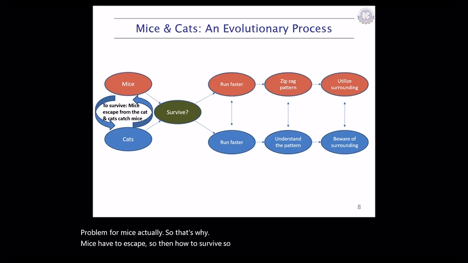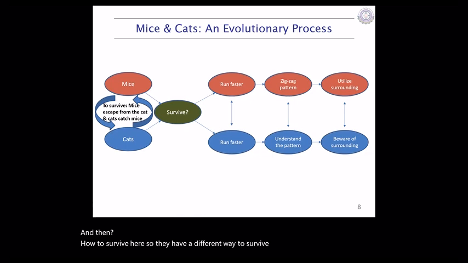Both have to find a solution for how to survive in this situation, because the cat also has to catch the mice in order to survive. So they have different ways to survive.